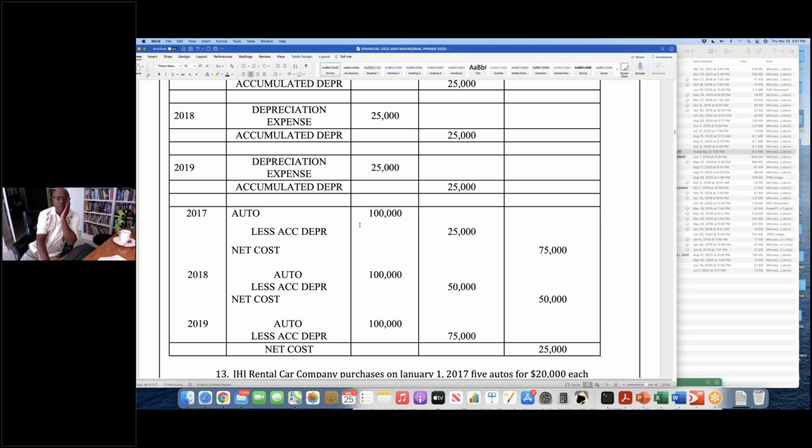But we credit accumulated depreciation because we always want to know what the car costs. So accumulated depreciation is a contra asset account. It has a credit balance. On the balance sheet, we subtract it from the cost to come up with the net cost. But we're always going to know what the cost is. Any questions?